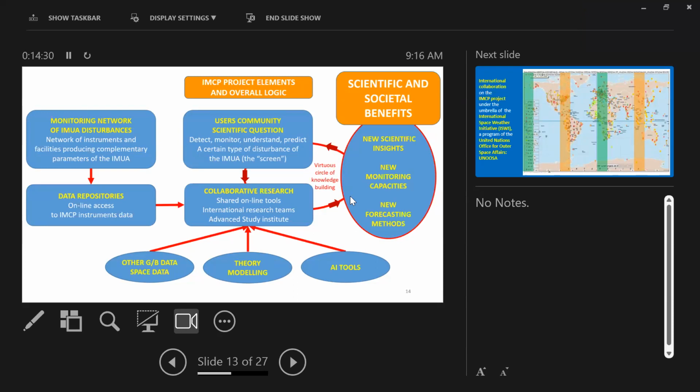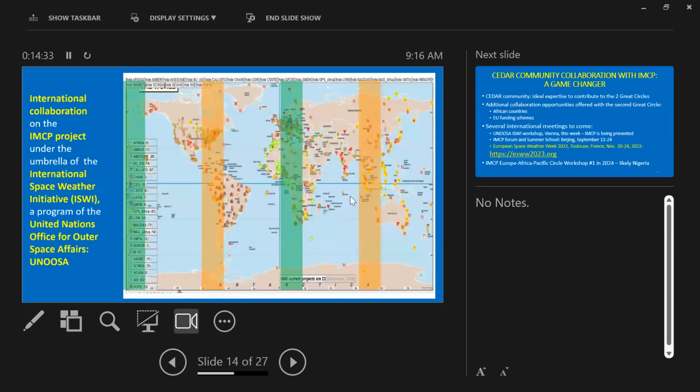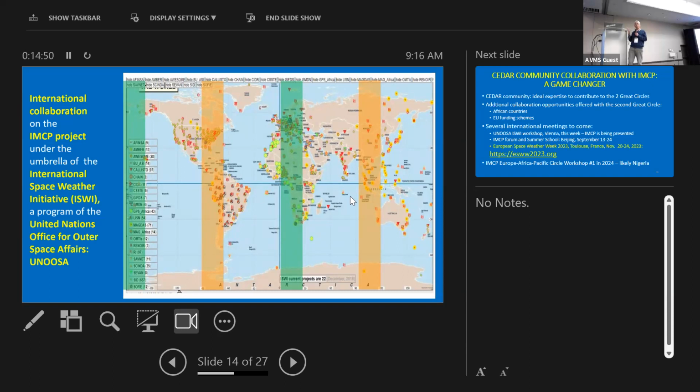Now you will probably ask me, what are the tools or the frameworks to do international collaboration? Well, it's of course a very important question these days. We have to see in which framework we can talk to each other among countries and do it for the benefit of science. So our idea is that the international collaboration on the IMCP project could be and should be under the umbrella of the International Space Weather Initiative, which is a program of the United Nations Office for Outer Space Affairs, UNOOSA.